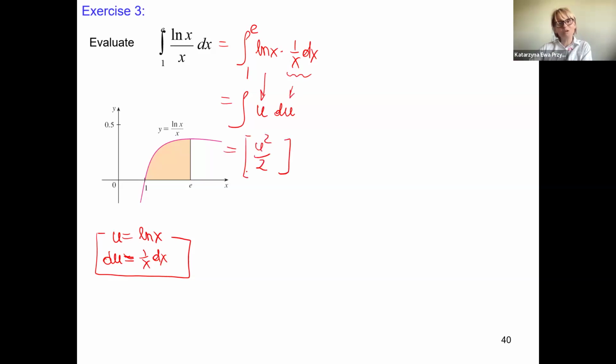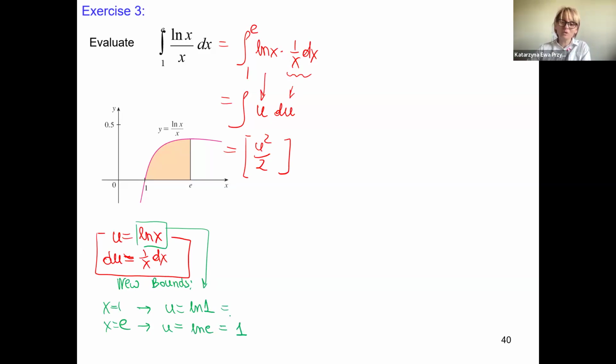Can you tell me the new limits of integration? New bounds. When x is 1, then u. When x is e, then u has the value. Yes, that's the natural log of 1, natural log of e. Natural log of e is 1. What about natural log of 1?